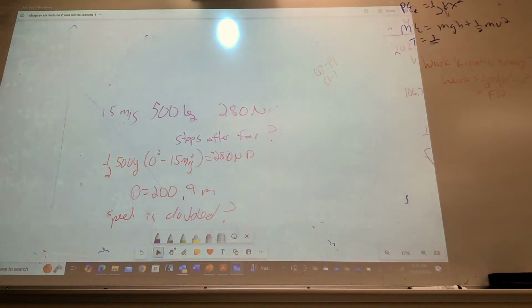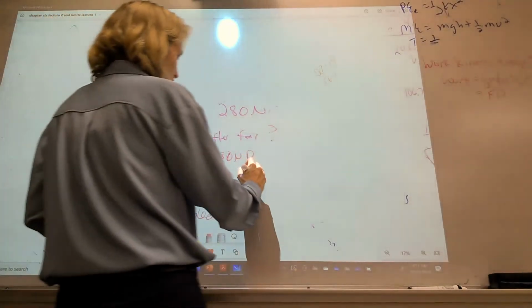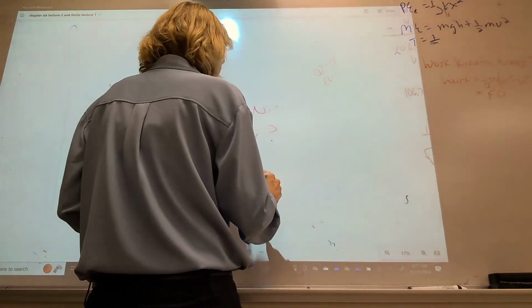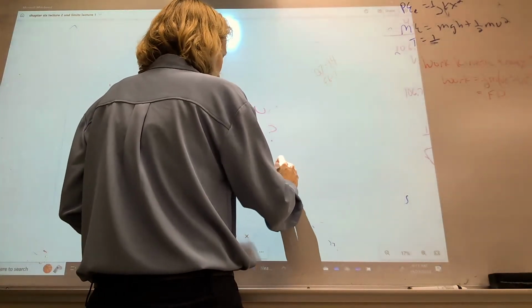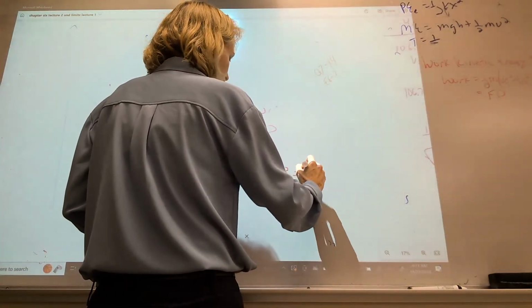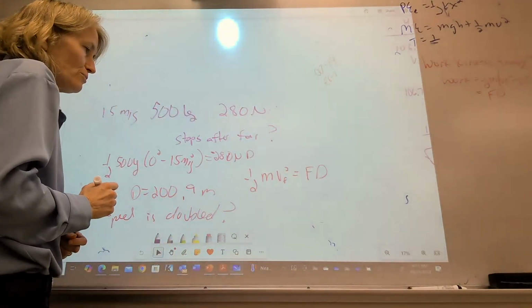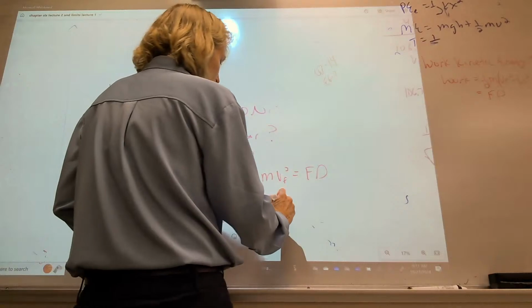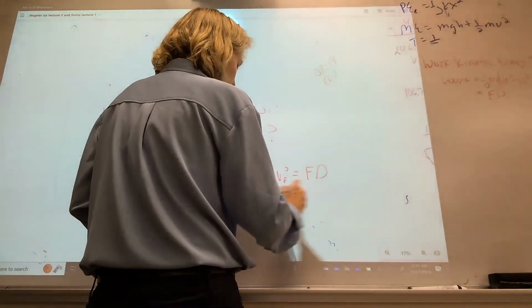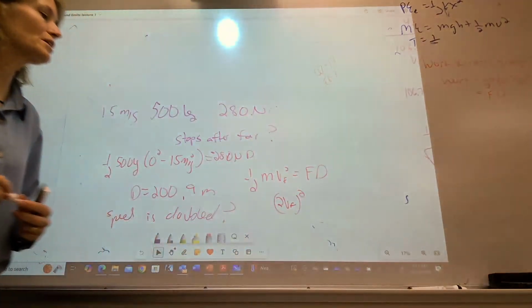If I double the speed, by what factor does stopping distance increase? 4. Right, 4 times. Okay, so we have 1/2 mv final squared is equal to our force times our stopping distance after we cancel out the negatives, get rid of the 0. If I double this, remember, when you square the 2, you get 4 times as much.